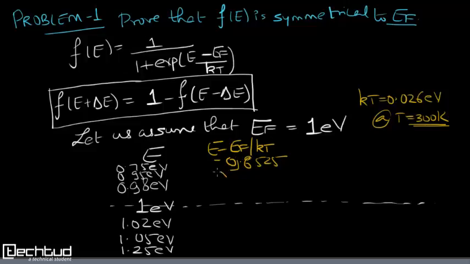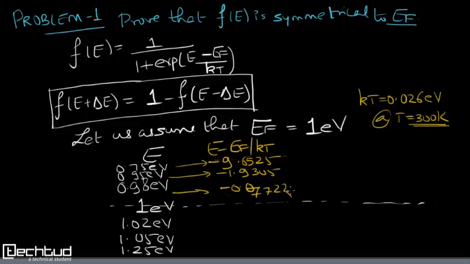minus 3.8610. For 0.98, you will get minus 0.7722. For 0.75 electron volt, the (E minus EF) by kT value will be minus 9.6525. For 0.95, the value is minus 1.9305. Similarly, for 0.98, the value is minus 0.7722.